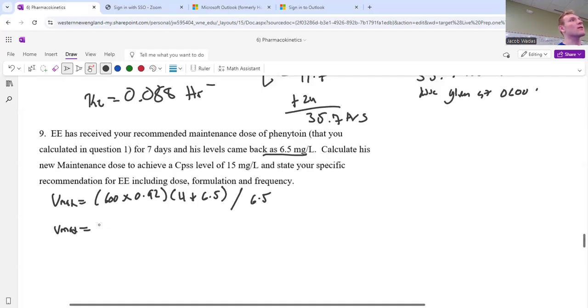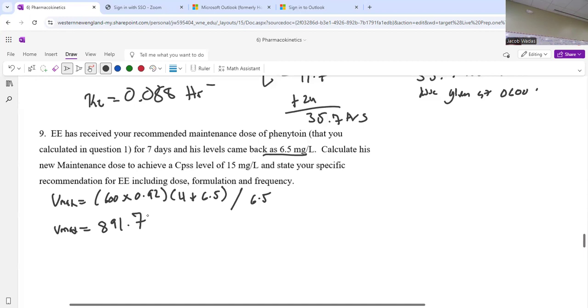Km is 4. That's the Michaelis-Menten constant that's given to us. It's always 4. What are the units for Vmax? I think it's liters, maybe. Well, let's look at our units.